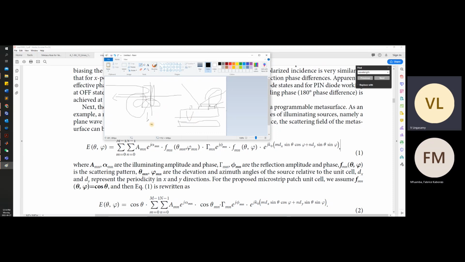In a patch antenna, for example, if you have a ground plane like this, you should have a lambda by 4 distance between the patch and the ground plane. You cannot have that in a realistic manner, because lambda by 4 at 10 gigahertz is 15 mm. You cannot have a 15 mm thick substrate.